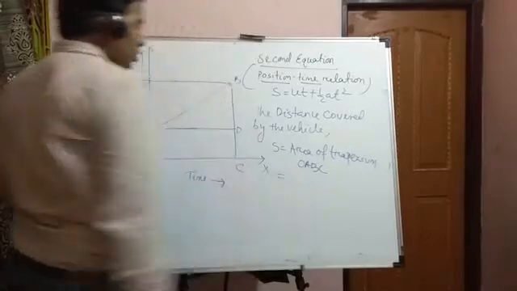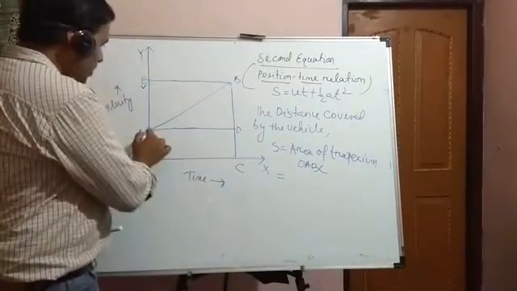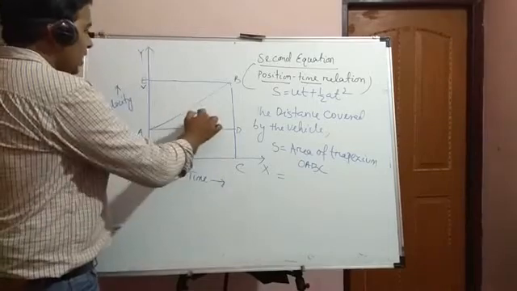This area of the trapezium is the sum of the area of this rectangle and the area of this triangle.